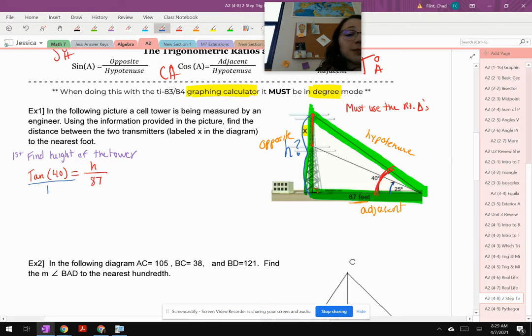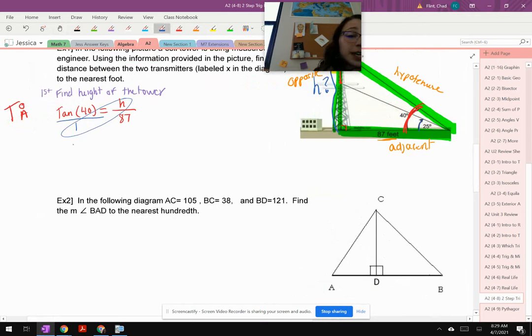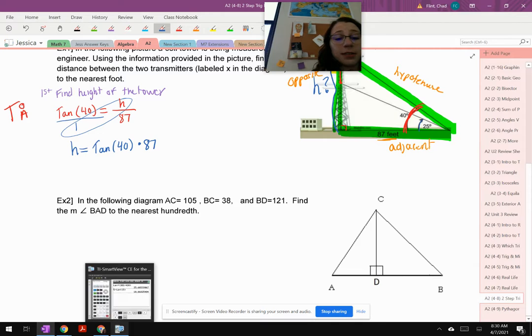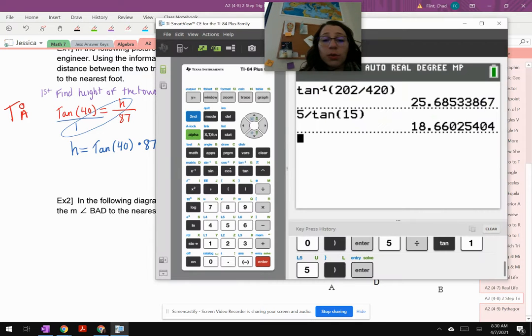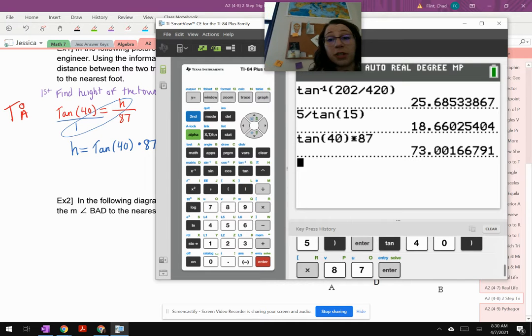This is not a missing angle situation, so I'm going to be using cross multiplication. So 1 times H is H, and that's going to be equal to whatever I get when I multiply the tangent of 40 by 87. So tangent of 40, close parentheses, that is super important. If you don't close the parentheses, you would get a completely different answer.